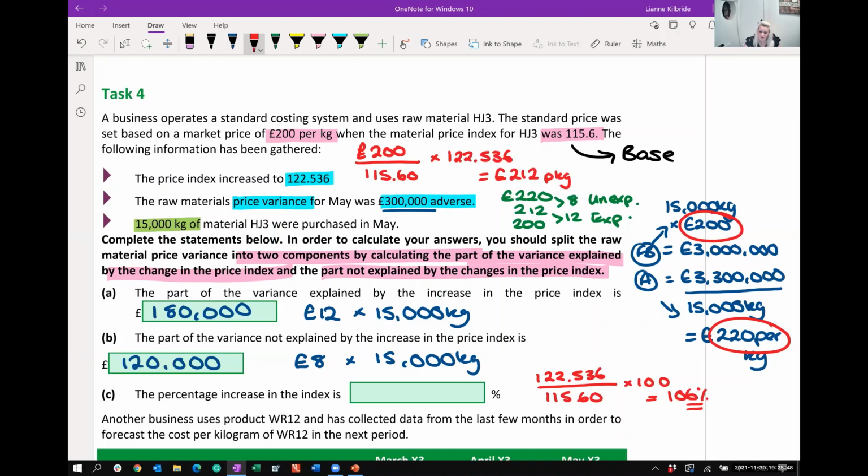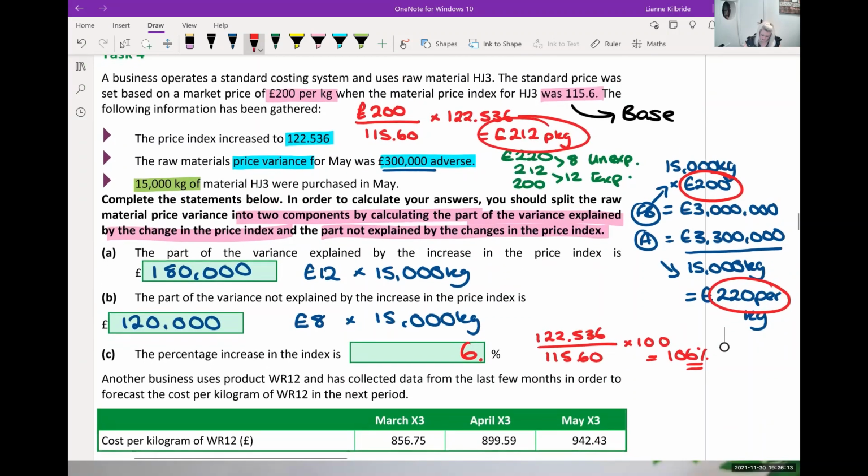When we look at what it was per kilogram, which you could have done if you want to, it's just to explain it a bit more. You can clearly see that £12 is explainable by using price indexing. So going back to this question, there's an increase of 6%. I hope everybody's okay with that one.